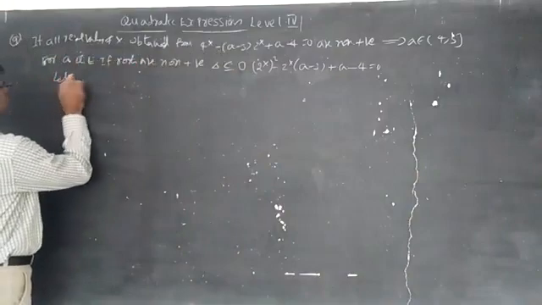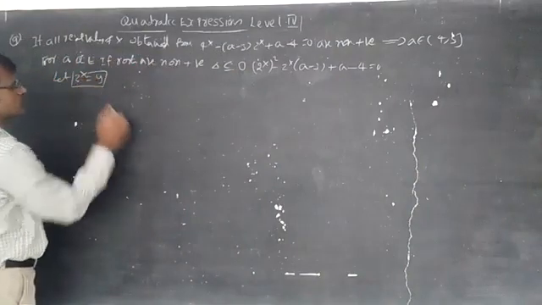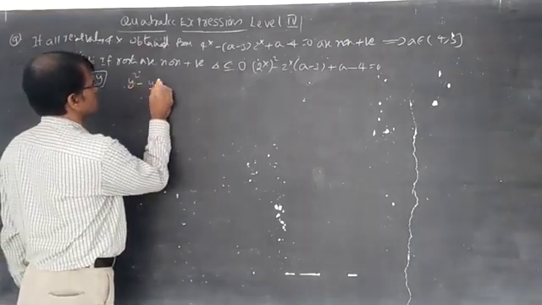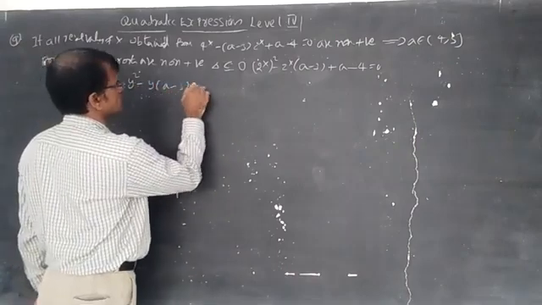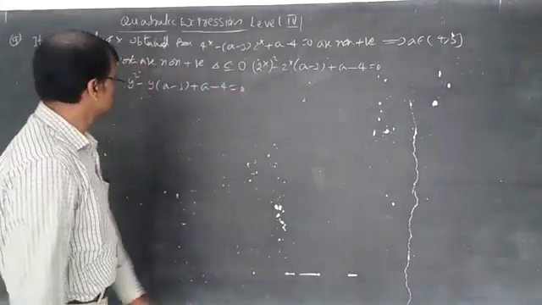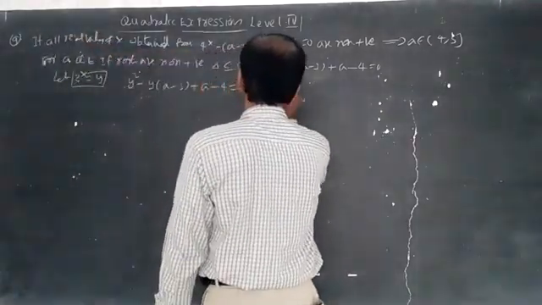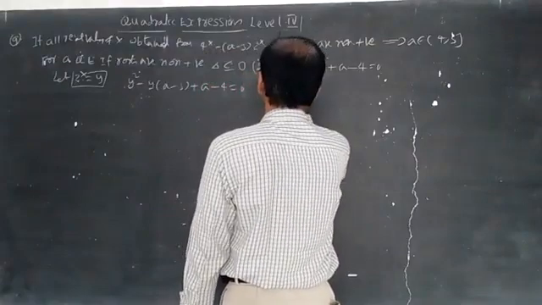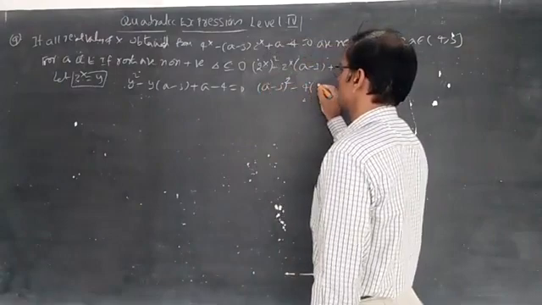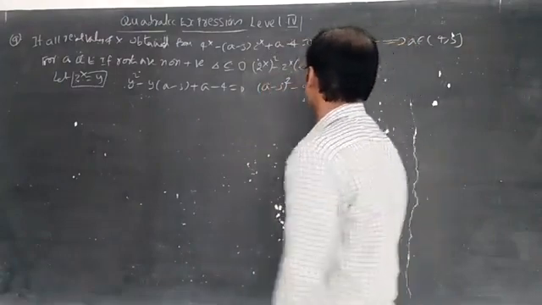So let 2 power x is equal to y. Keep aside: y square minus y into (a minus 3) plus a minus 4 equal to 0. Using the delta less than or equal to 0, b square minus 4ac concept, (a minus 3) whole square minus 4 into 1 into (a minus 4) less than or equal to 0.